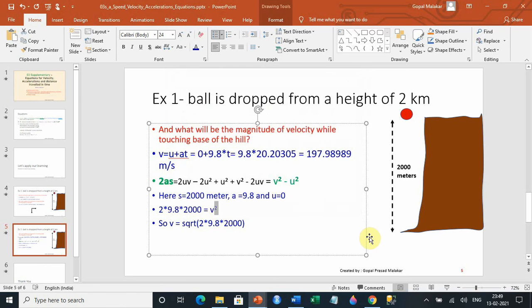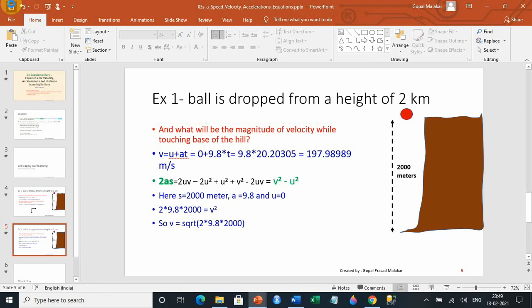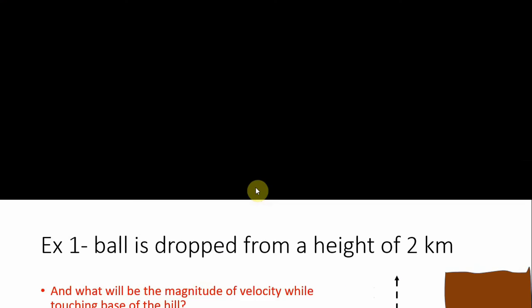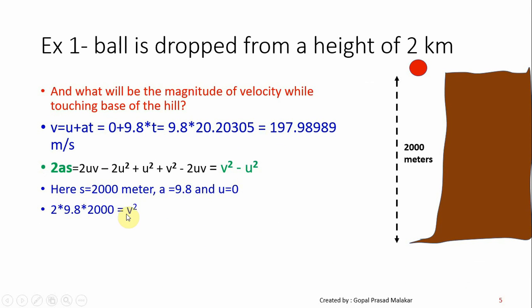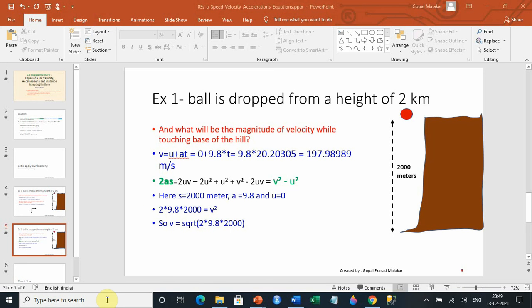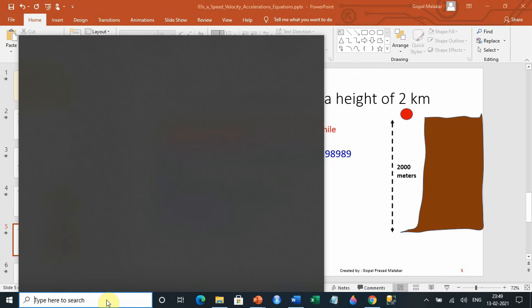So this is the v square, and if this is v square, what will v be? V will be the square root of that, and let me show it to you.